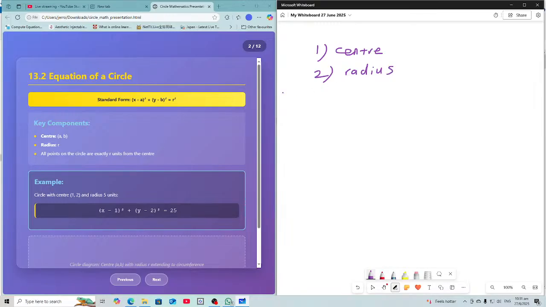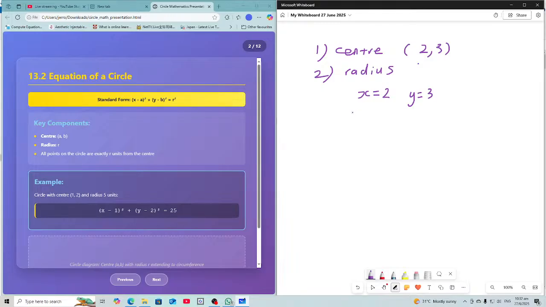The standard form is x minus a squared plus y minus b squared equals r squared. If you notice, let's say you have a center coordinate of maybe 2 and 3, whereby x equals 2 and y equals 3. How do we form that?